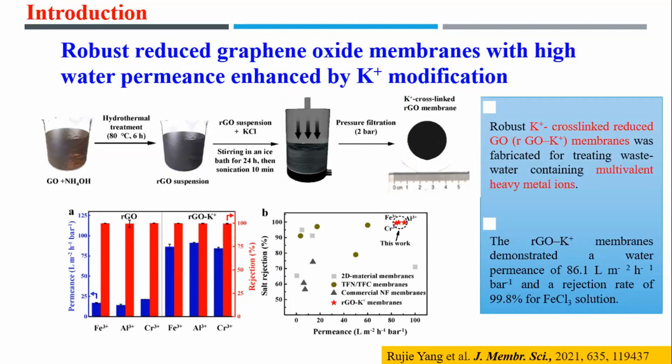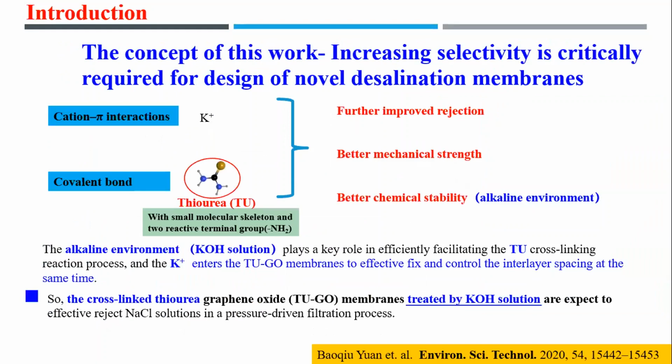However, these membranes suffer from insufficient rejection, especially for small-size salts such as monovalent ions. More importantly, increasing selectivity is crucially required for the design of novel desalination membranes.